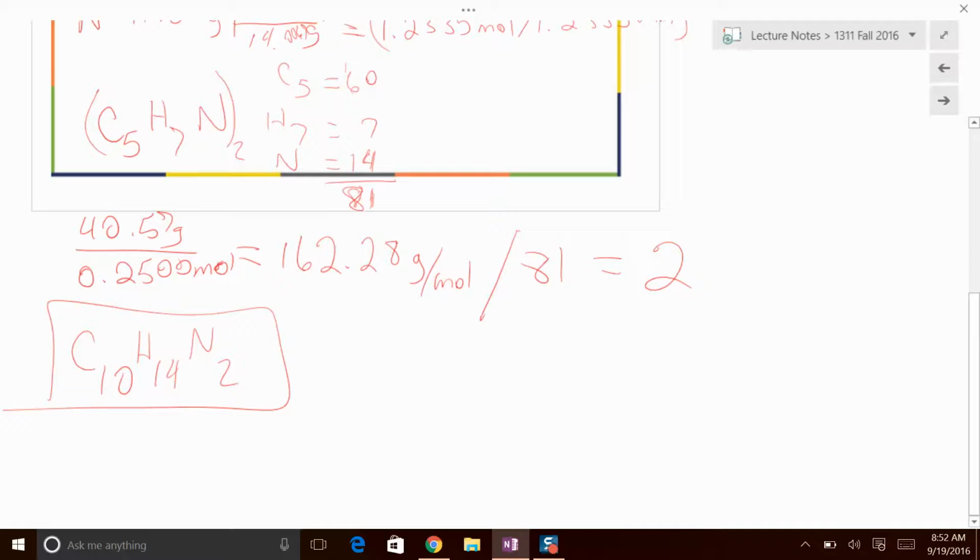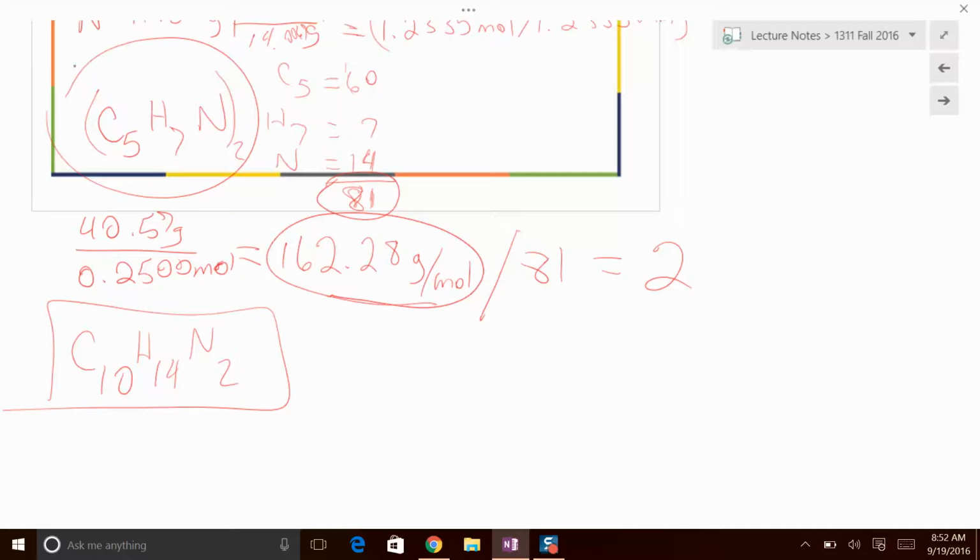Okay, any questions so far about that? Why do we divide the 162 by 81? Because this is the molecular mass, and 81 is the mass of the empirical formula. And so the difference between those is this, this divided by that. It's a factor of 2. So that means that if I multiply that by 2, it's going to equal 162.2.